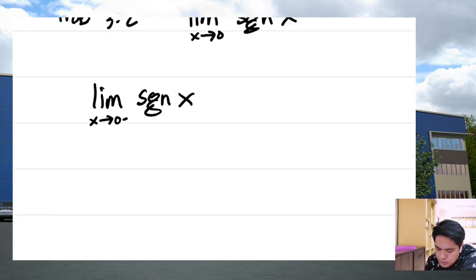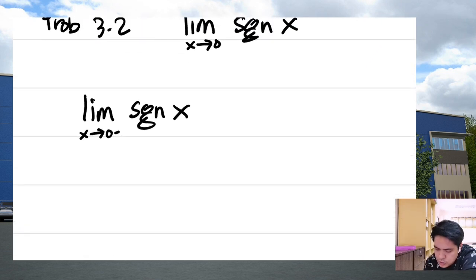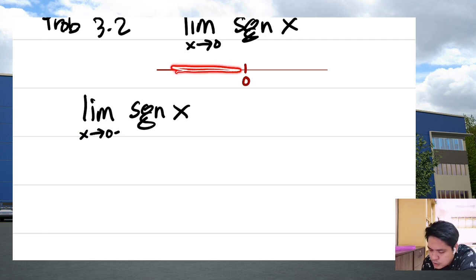Okay? So, when x approaches 0 from the left, that means those values are negative, di ba? So, kung real number line pa, ito siya. If you have a real number line, this is 0. So, kung ang x is from the left, these are negative numbers. So, numbers that are close to 0, pero nasa left ng 0, these are negative numbers.